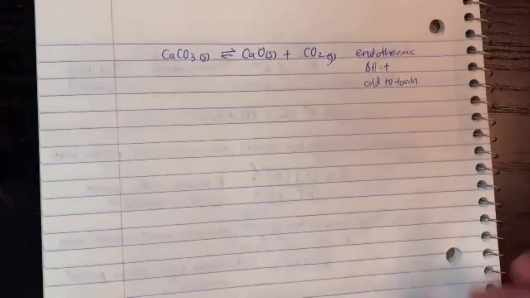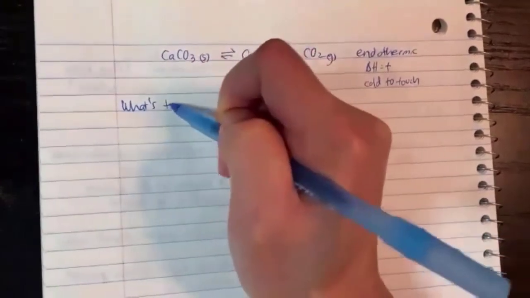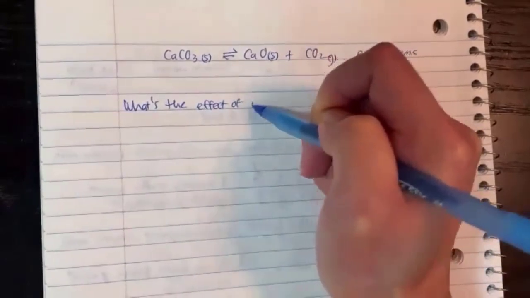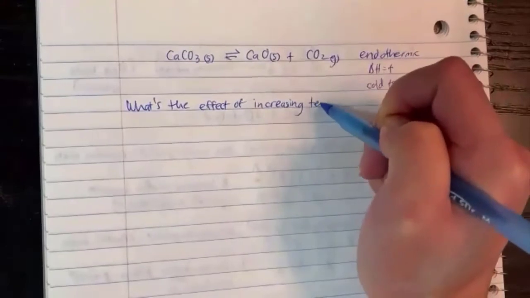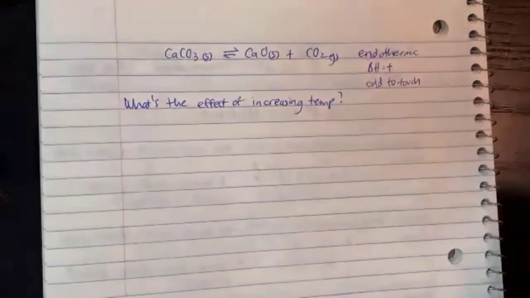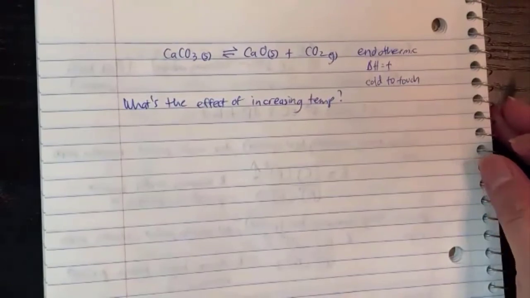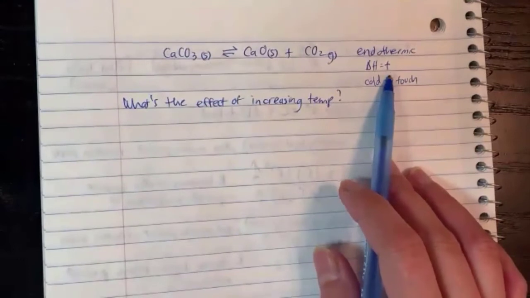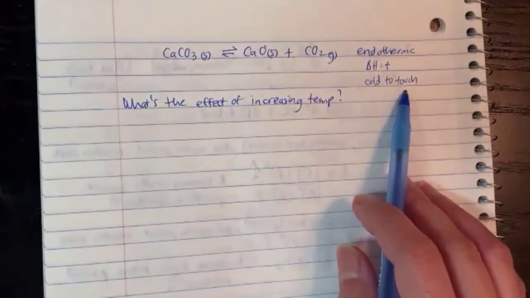Okay. Now, what's the change? What's the effect of increasing temperature here? For this reaction, if they tell you it's endothermic, if they tell you delta H is positive, or if the flask becomes cold to the touch during the reaction, okay?